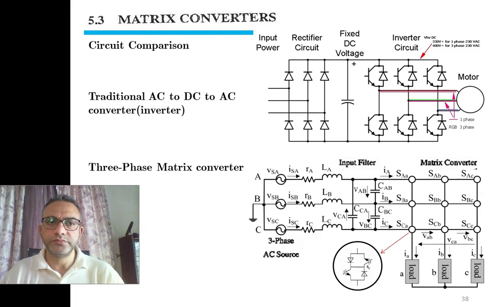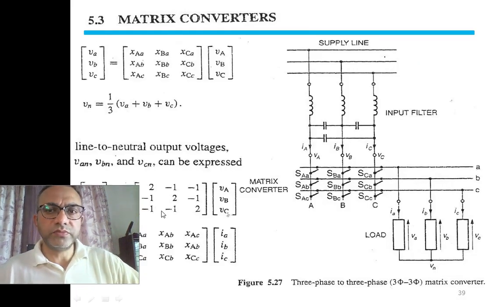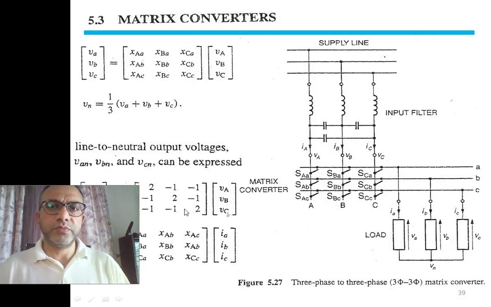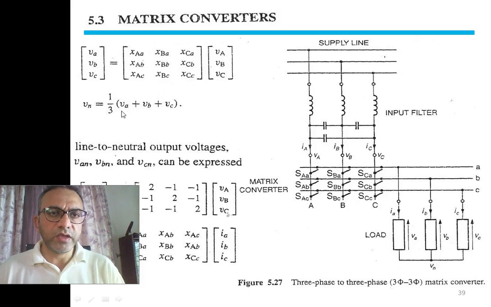Next slide. Here is the voltage expression for the matrix converter. Here we have VA, VB, VC, the matrix conversions and voltages, and VN represents the common mode voltage.